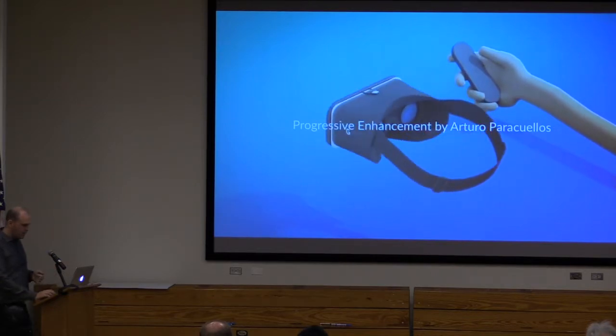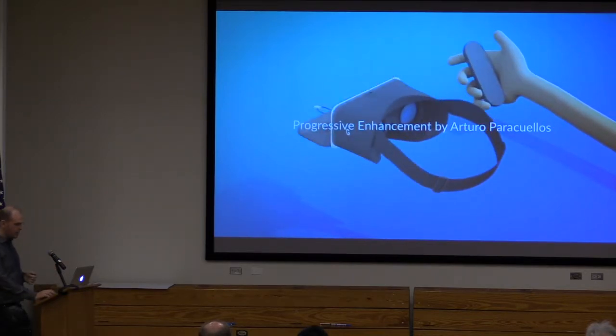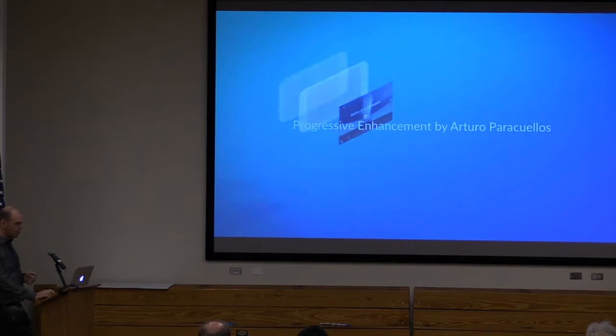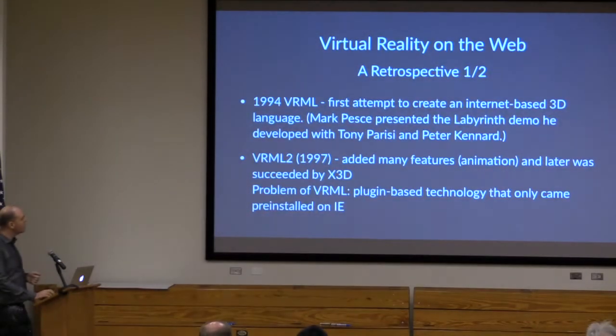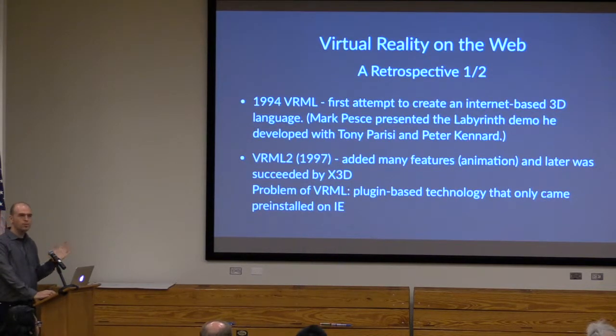Good. Let's have a look at the history of virtual reality on the web. Just a very quick retrospective. It's not a new thing. WebVR has a history which goes back to 1994. VRML, some of you might still know about VRML.